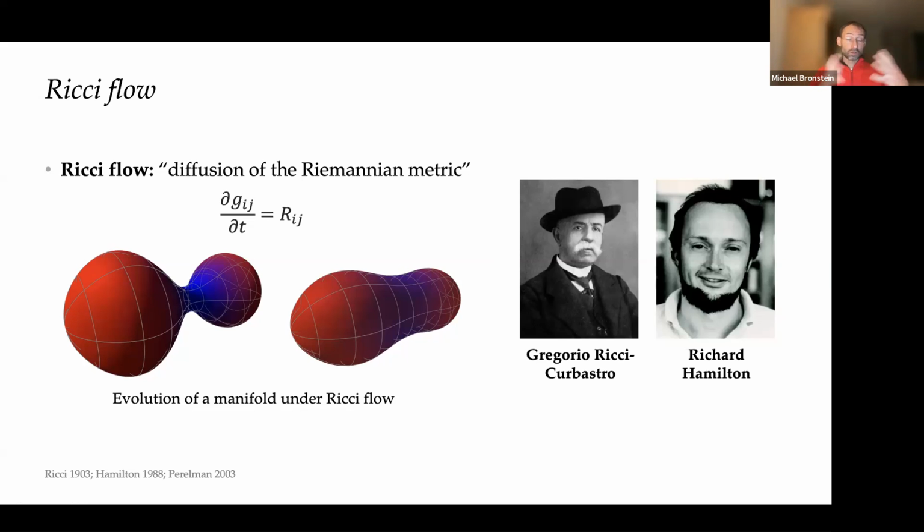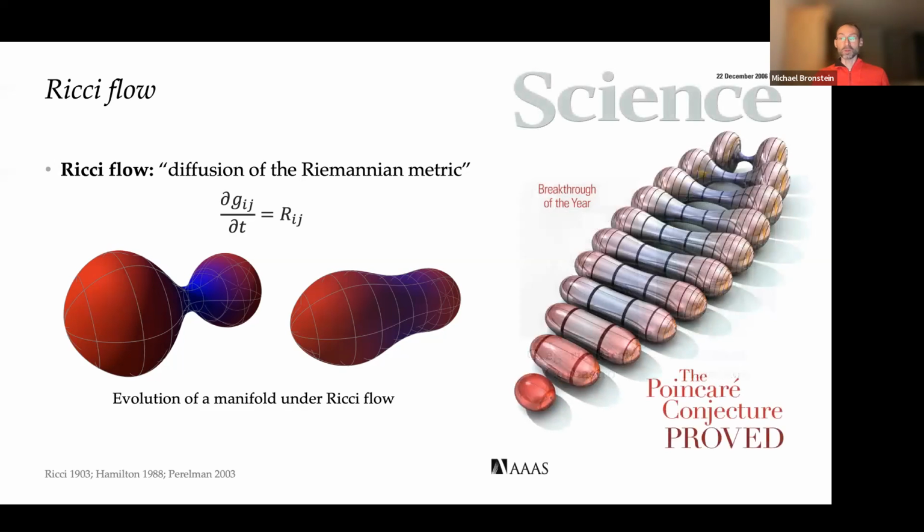You can extend it to higher dimensions, and the idea of Hamilton was that this way you can prove the Poincare conjecture, which postulates the same property about high-dimensional spheres. As you probably know, this mechanism was used by Grigori Perelman about 15 years ago to prove this conjecture, actually a slightly more general result, which was a triumph in differential geometry and topology.